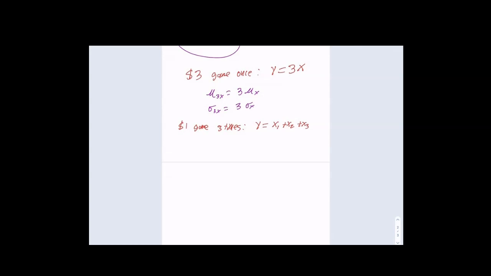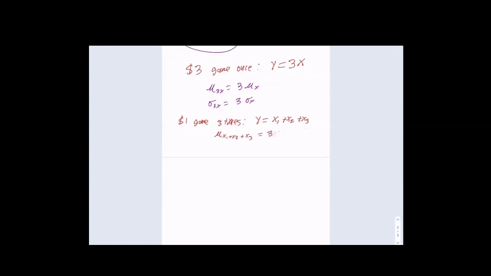Whereas in the other situation, it's only one single outcome, and your winnings for all 3 of your dollars depend on just one time, on one thing. And so the nice thing here is that the mean of x1 plus x2 plus x3 is equal to 3 times the mean of x. That doesn't change. Nothing weird there.